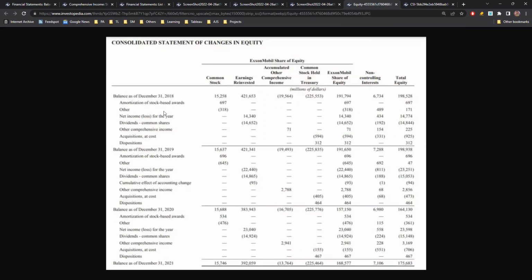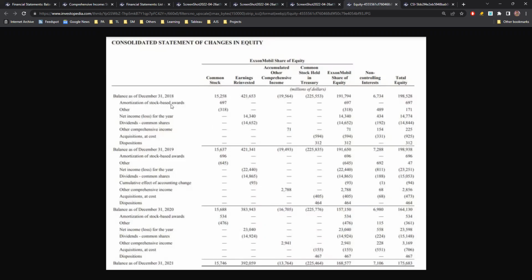We'll get to those, but on the left-hand side we can quickly observe that they're starting with the balance at the end of December 2018. That means this will be the beginning balance for 2019, and all this amount is something that they have gathered in 2019. So we can see from the amortization of stocks that they have gained something called 697.